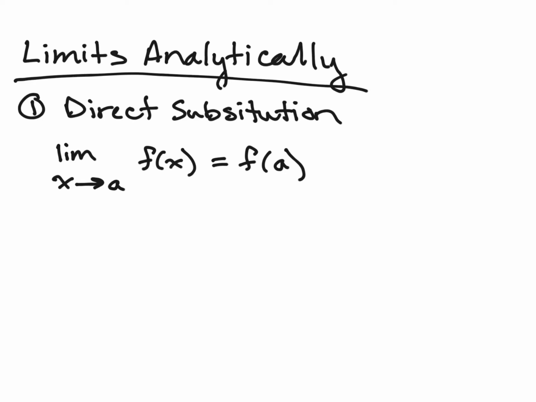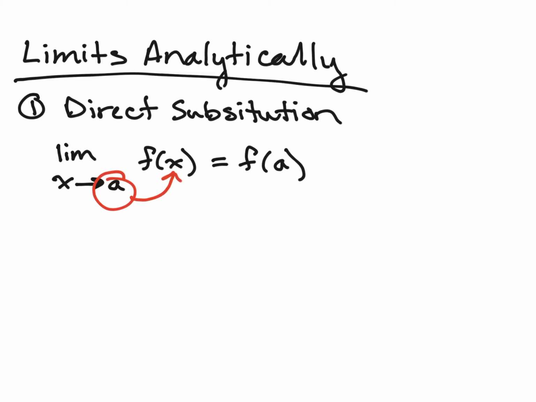Well, the very first thing you always try is just plug in the number that we're trying to find the limit at. So I take this number, I plug it in for x, evaluate the function. If I get an answer, that's the limit.